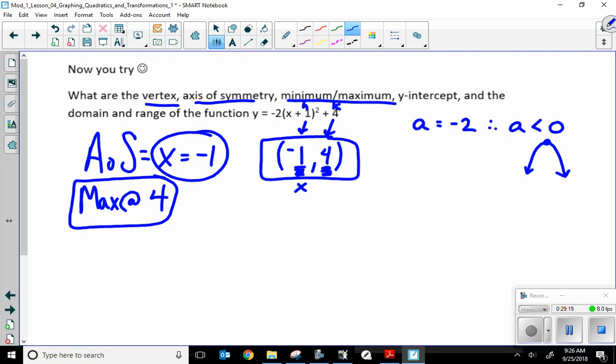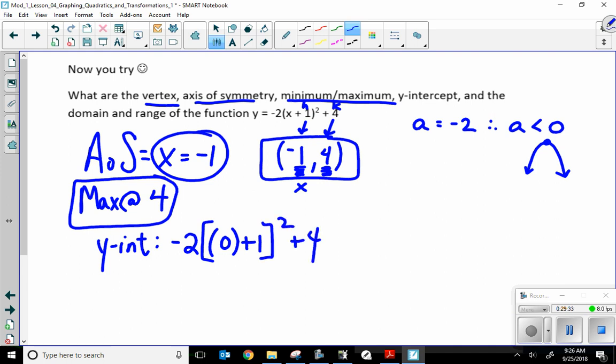What's the y-intercept? Well, I'm just going to make my x 0. So I've got -2 times [x plus 1] squared plus 4. Yes, I use square brackets instead of parentheses. That's fine. So 0 plus 1 is 1 squared, which is 1, times my -2 plus my 4.